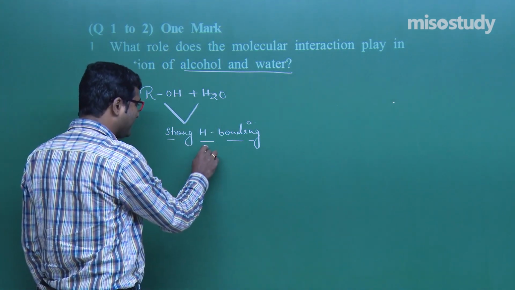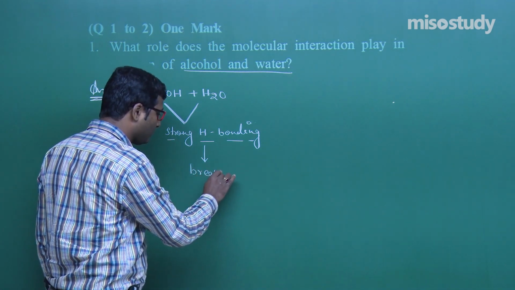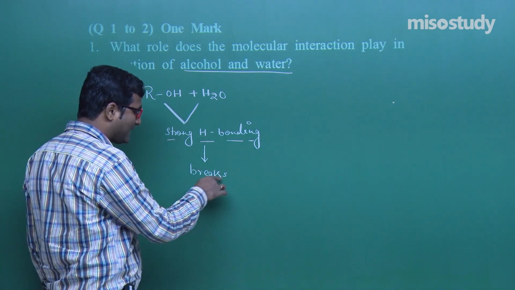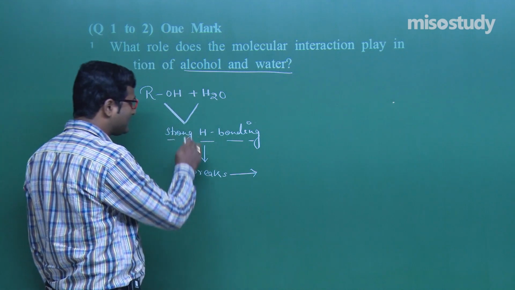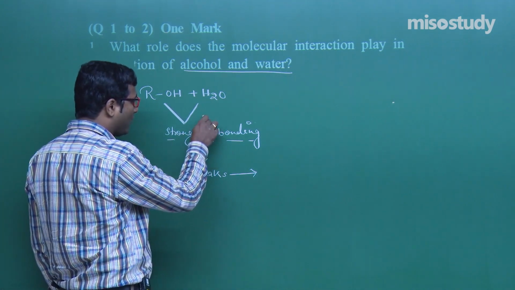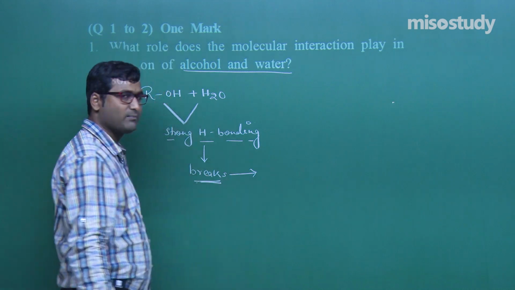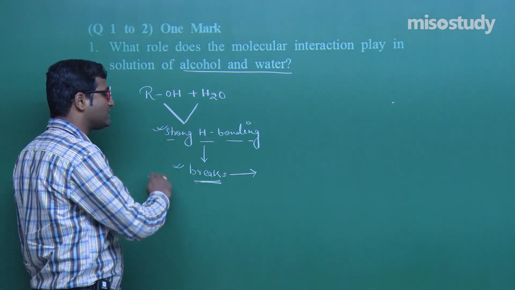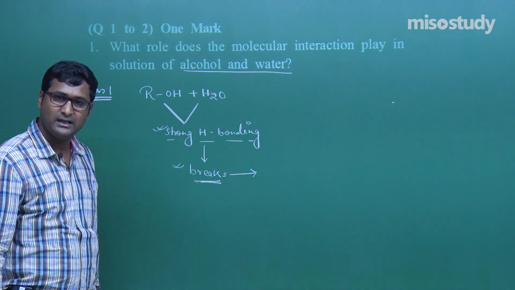The existing hydrogen bonding between alcohol and water breaks. If the existing hydrogen bonding breaks, what will happen? There is an increment in the vapor pressure, because if the existing force or existing bond breaks, the overall vapor pressure increases.